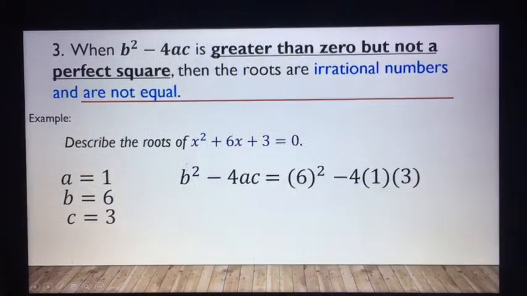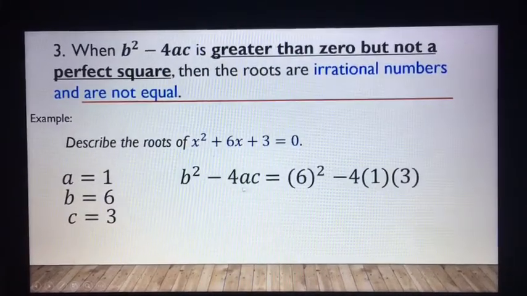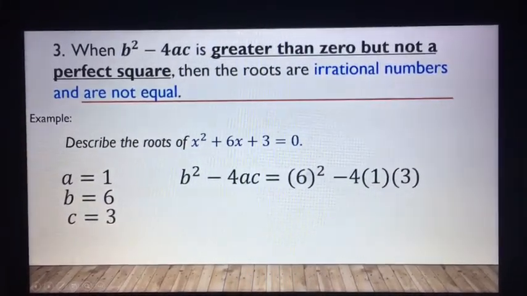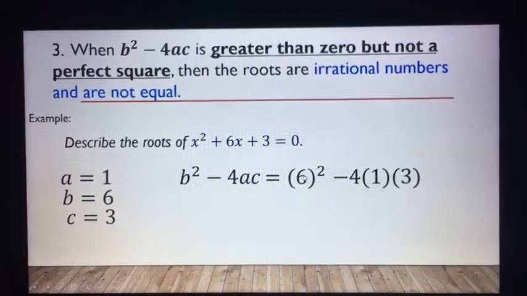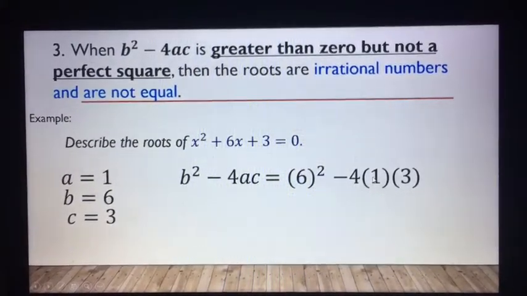So, let us solve the discriminant. b squared minus 4ac equals, sinubstitute natin yung 6 in terms of b, sinubstitute natin yung 1 in terms of a, and 3 in terms of c.